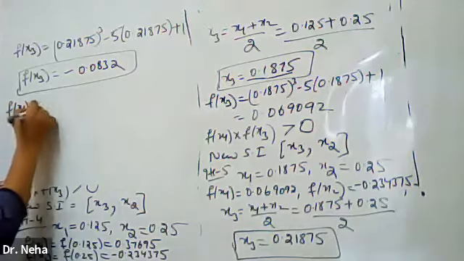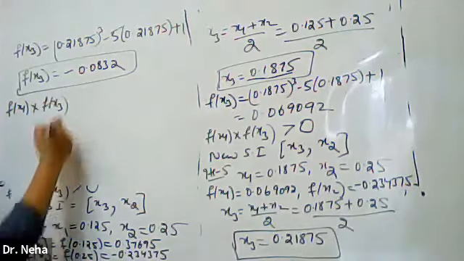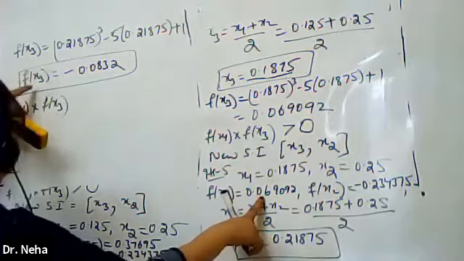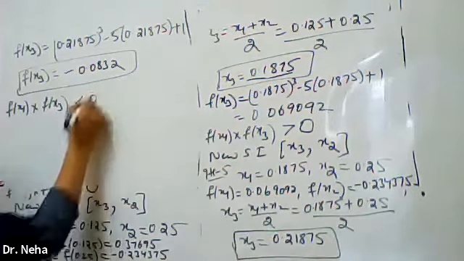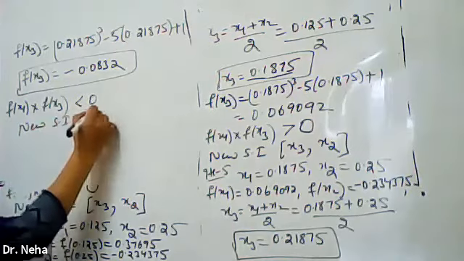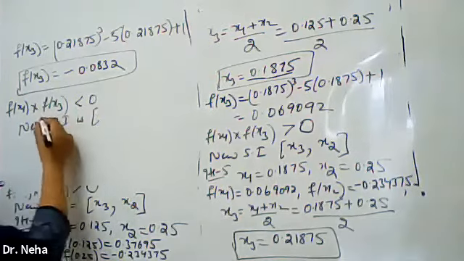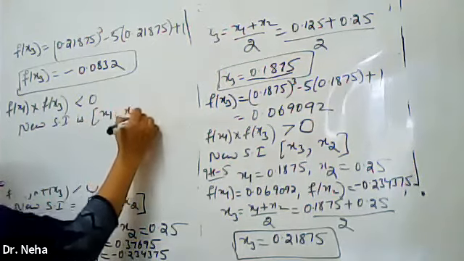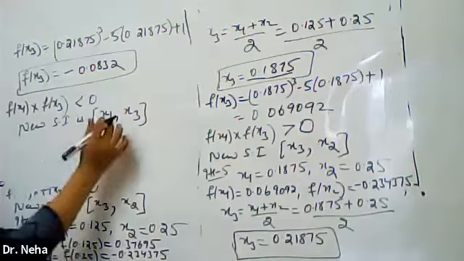Now let's consider fx1 and fx3. Let's check what is fx1. It is positive. What is fx3? It is negative. That means new search interval is what? X1 will remain same and X2 will be replaced by X3.